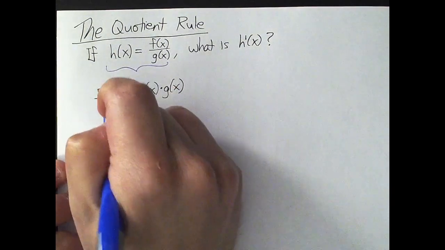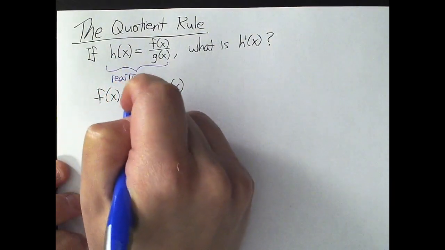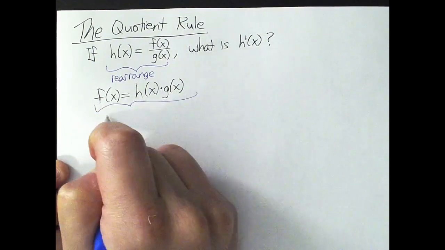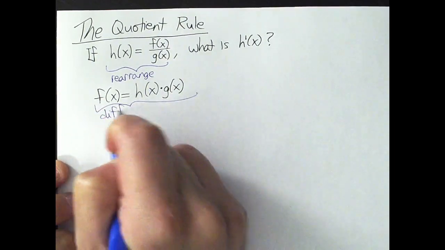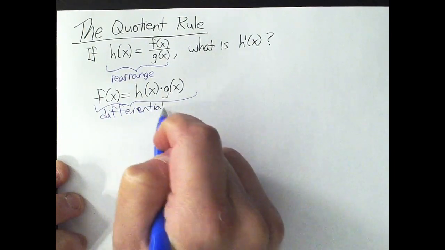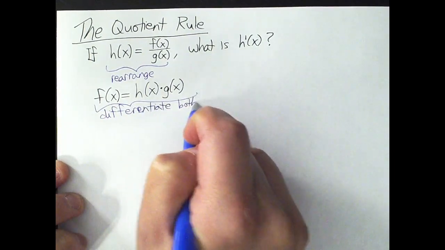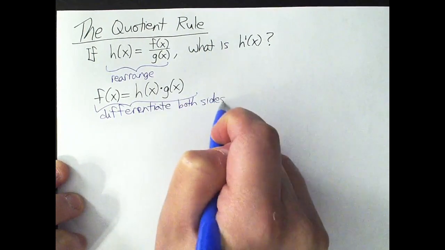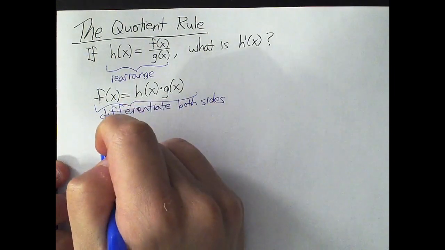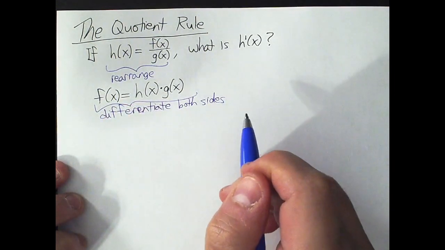So this is just rearrange. Now I'm going to differentiate both sides. We're working on deriving something, and sometimes there are clever little tricks, and differentiating both sides is going to help us.